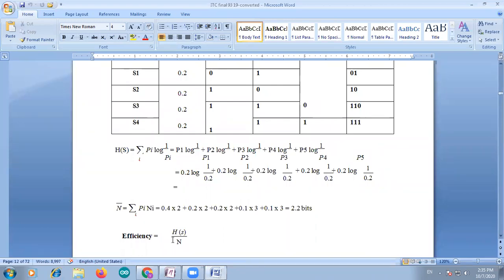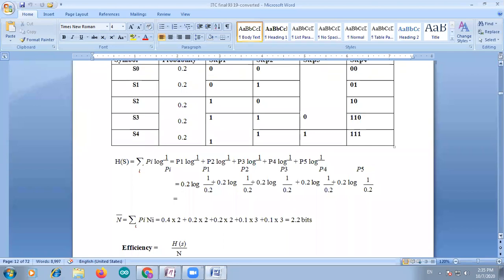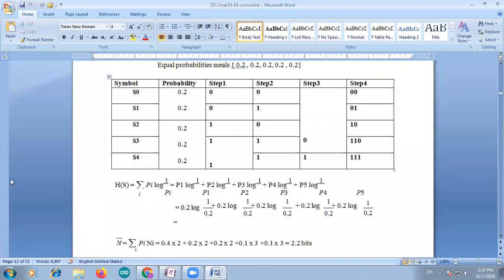Now the n bar value. N bar is equal to sigma pi ni, where pi is 0.2 and ni is the number of binary digits assigned to the symbol. In the previous problem, S0 is assigned 00, S1 is assigned 01, S2 is assigned 10, S3 is assigned 110, S4 is assigned 11.